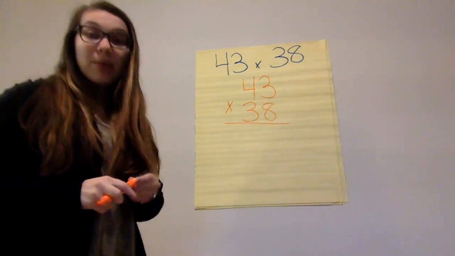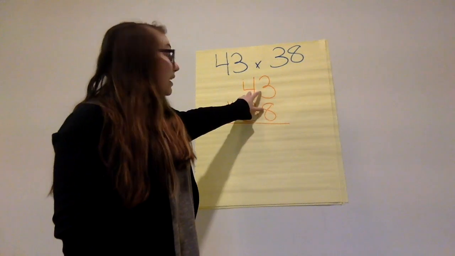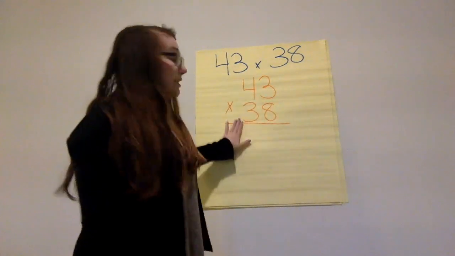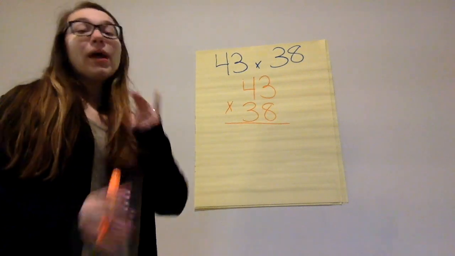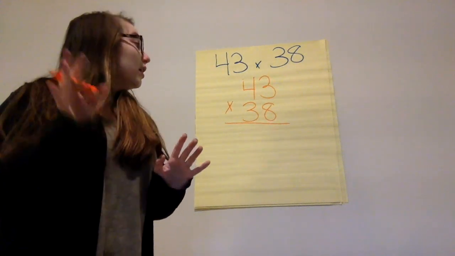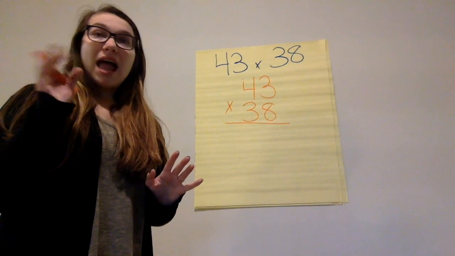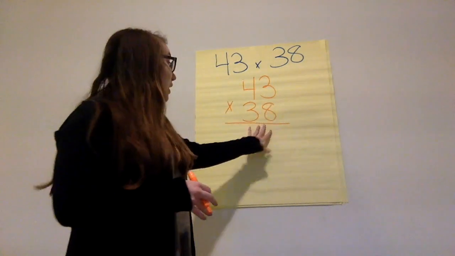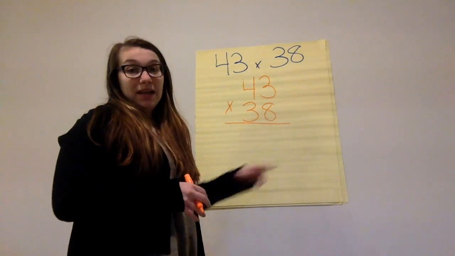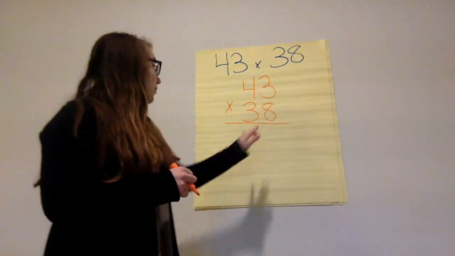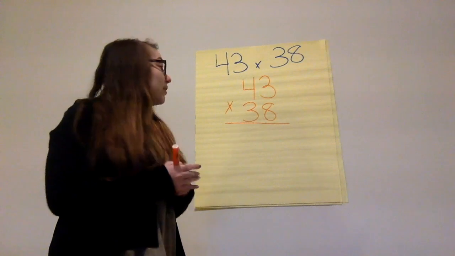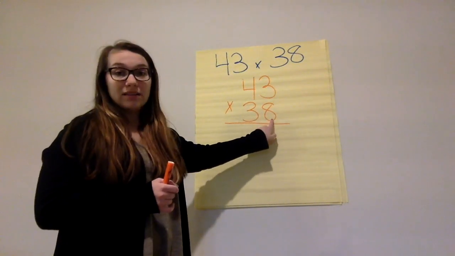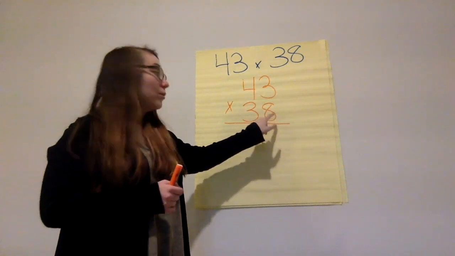Something very important that I did was I lined up my place values, my 1s and my 10s. Always important. Just like if we were adding or subtracting, when we multiply, we also start in our 1s place. With standard algorithm, the next thing you're going to do is start with your bottom number, and start in the 1s. Okay? Start in the 1s.